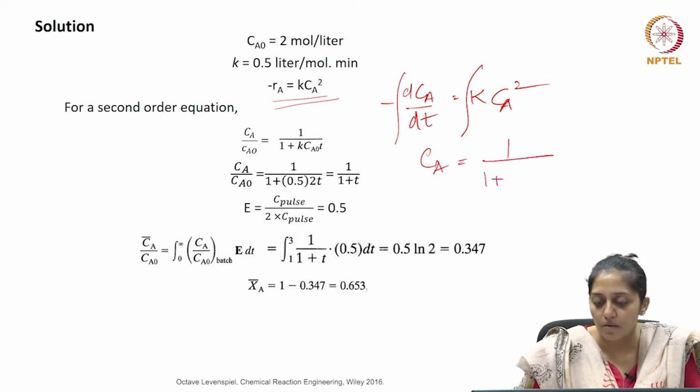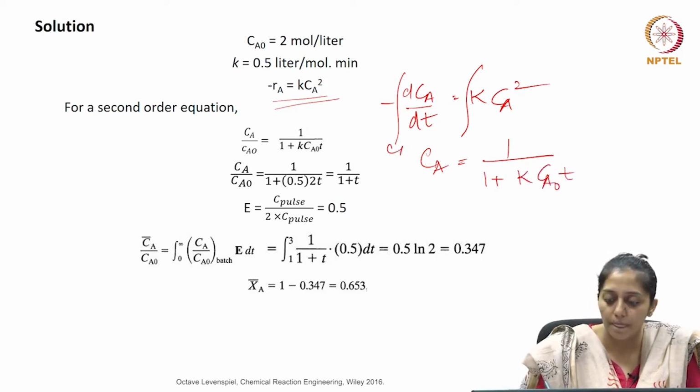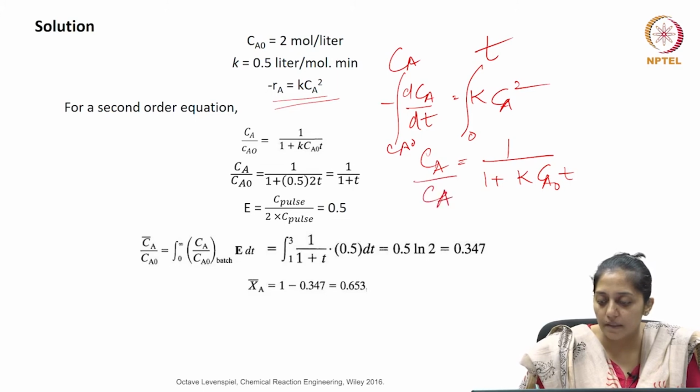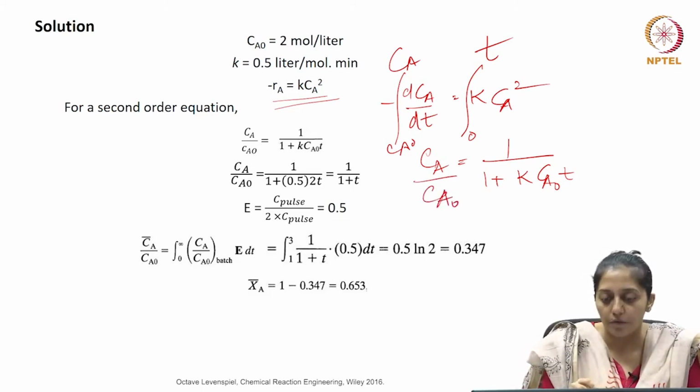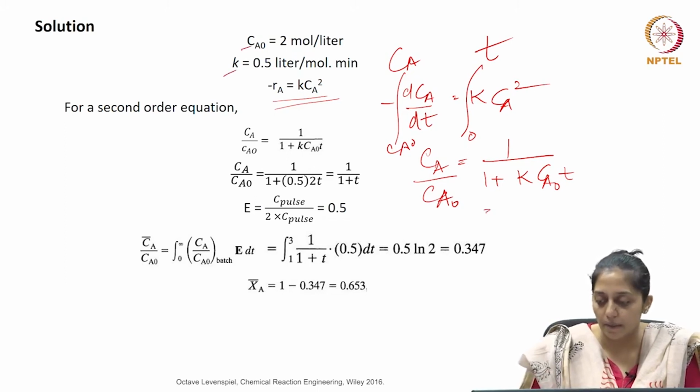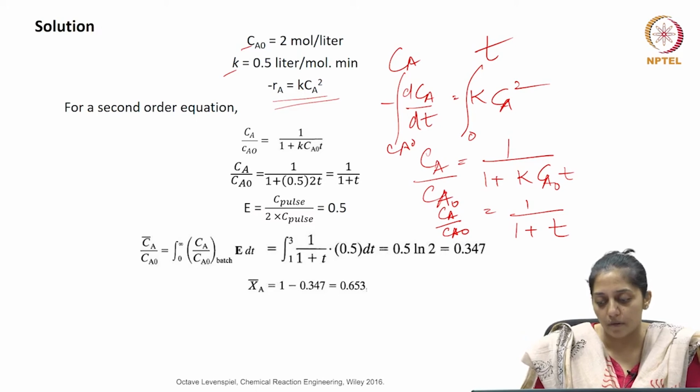Integrating with limits of CA naught to CA between 0 to t, we get CA by CA naught. If we substitute the values of CA naught and k given here, it becomes 1 by 1 plus t, which is the fraction CA by CA naught.